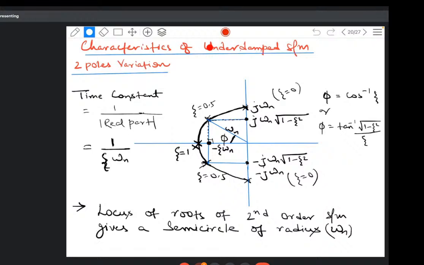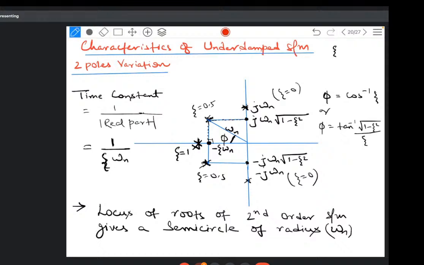Okay. Now, if you see here, suppose initially zeta is, say you are increasing the value of zeta.